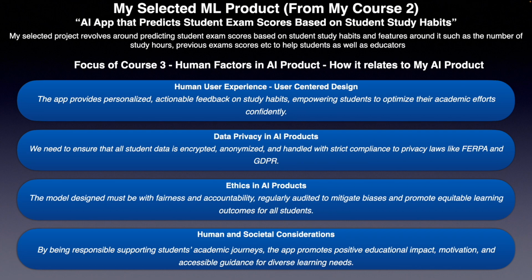The machine learning model designed must be fair and have accountability, and it should be regularly audited to mitigate any biases and promote equitable learning outcomes for all students. So that relates to the ethics aspects that need to go into building the AI product.